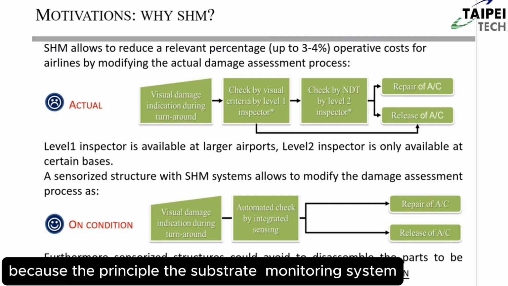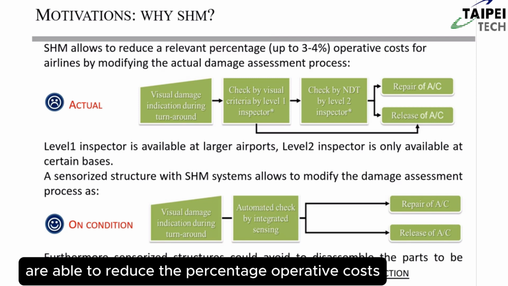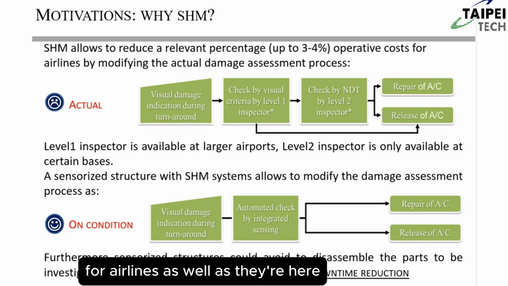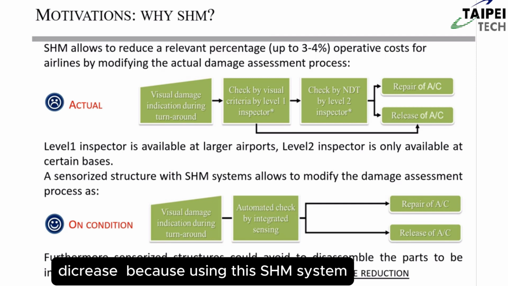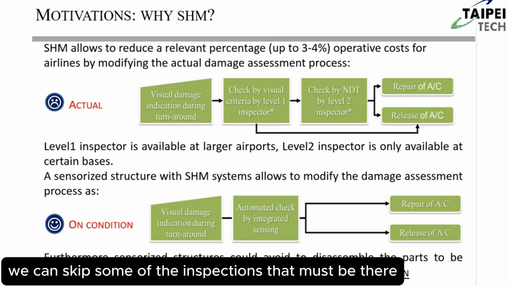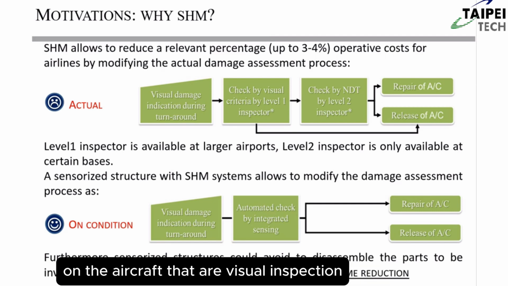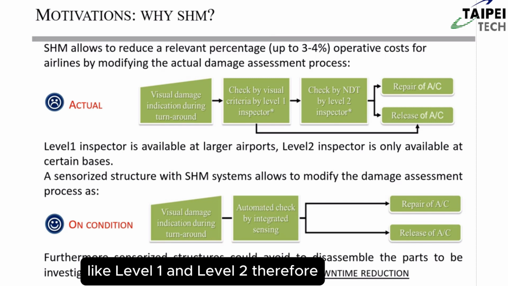Why? Because in principle, structural health monitoring systems are able to reduce the percentage of operative costs for airlines, as you have observed here. Around 3 up to 4% will be decreased, because using this SHM system, we can skip some of the inspections that must be done on the aircraft, that are visual inspections, like level 1 and level 2.